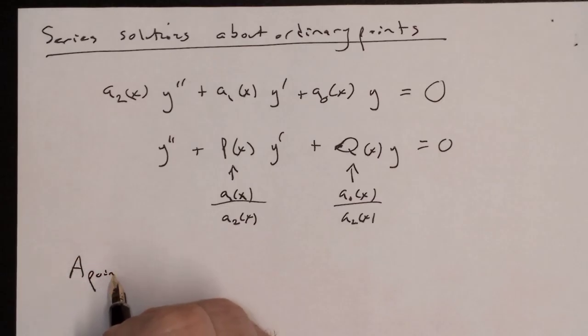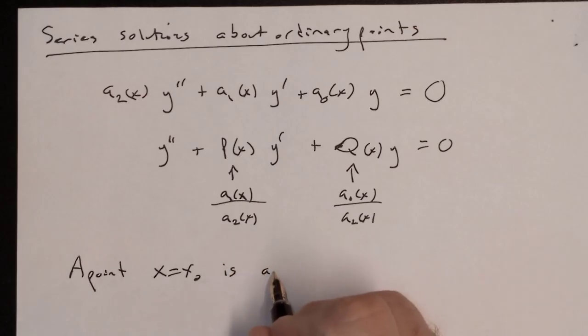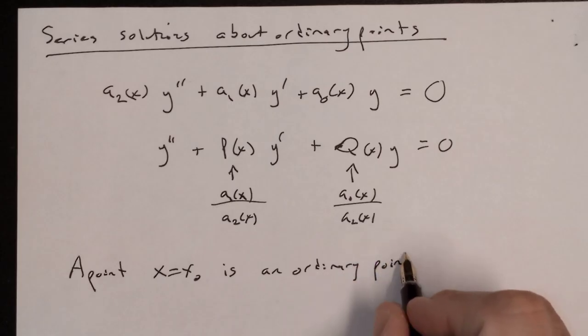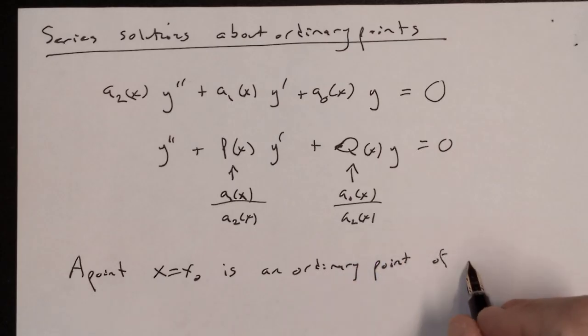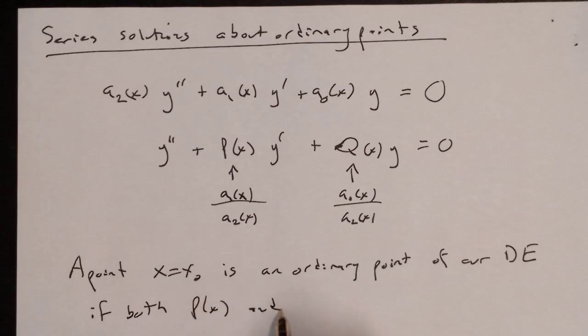A point x equals x0 is an ordinary point of our differential equation if both p of x and q of x are analytic at x0.